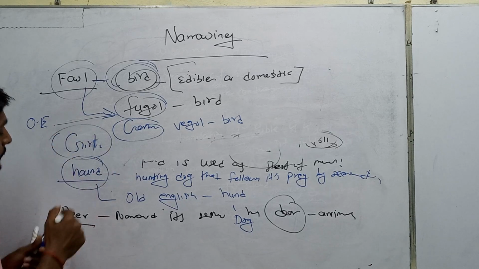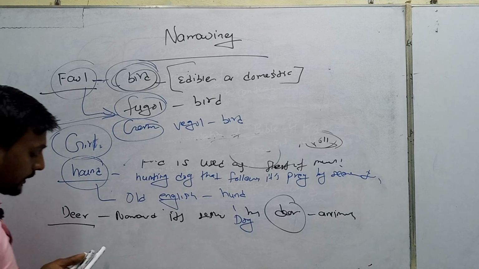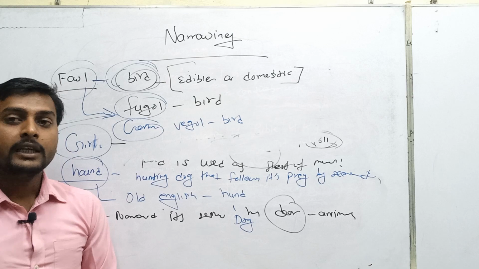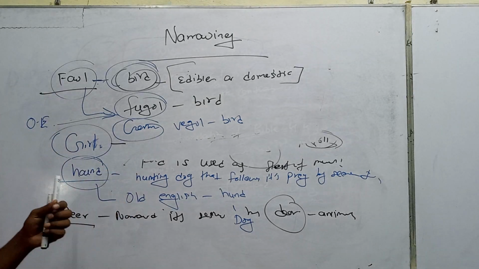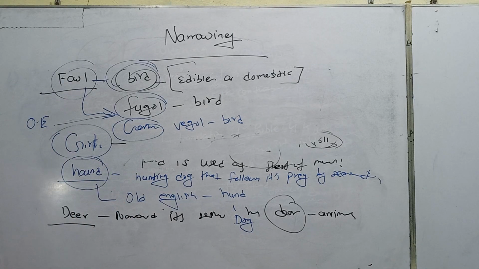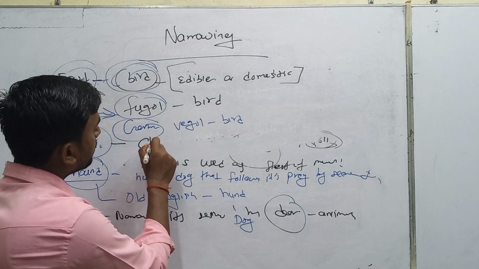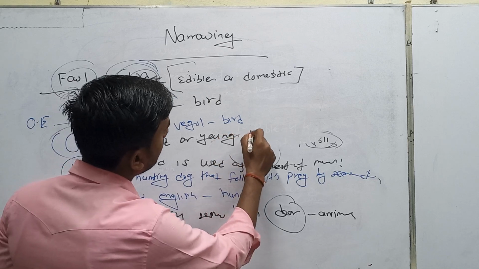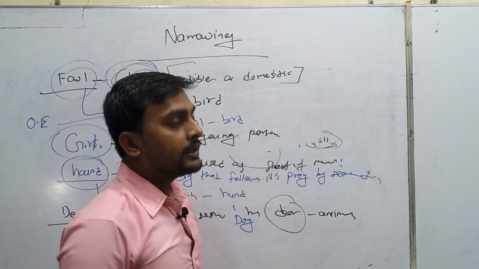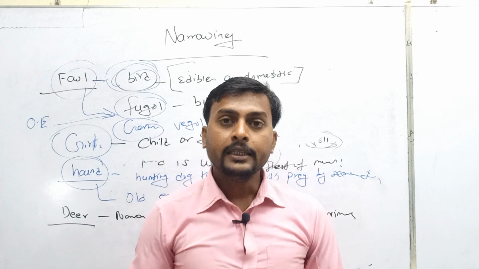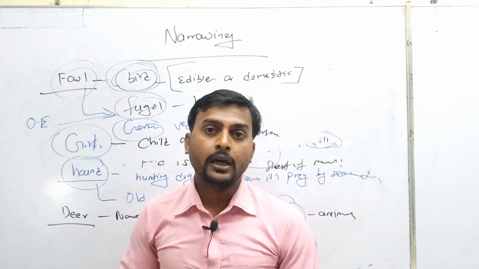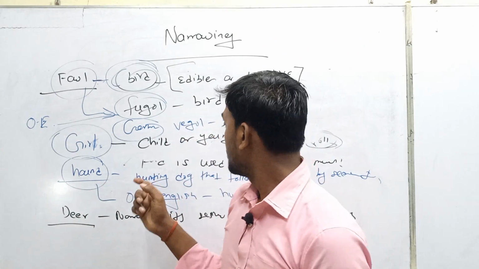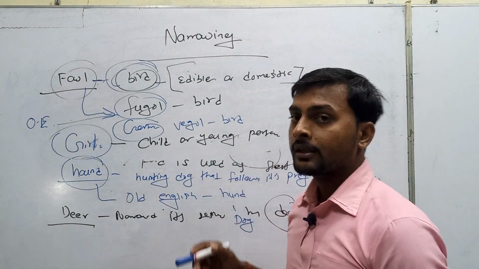Next, the last example of narrowing is girl. In Old English, or medieval time, girl meant child or young person. In the Middle English period, a girl meant a child or young person.